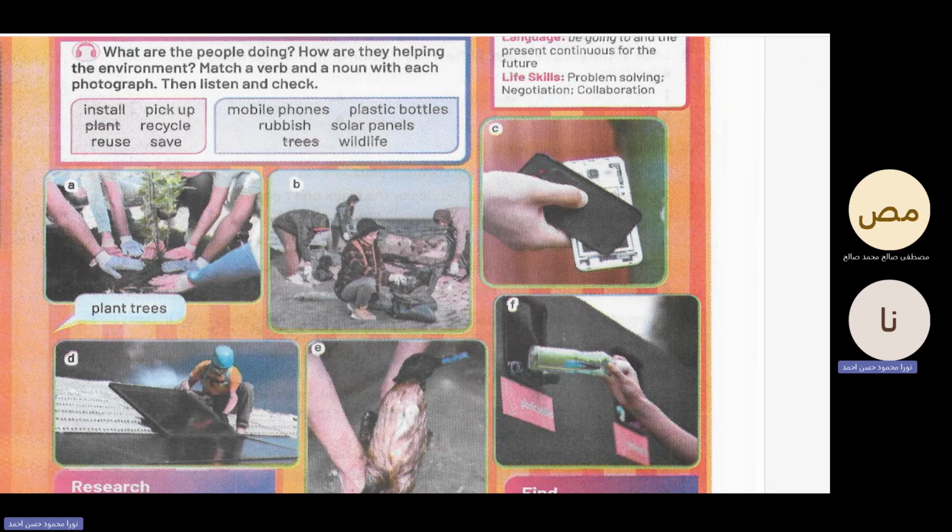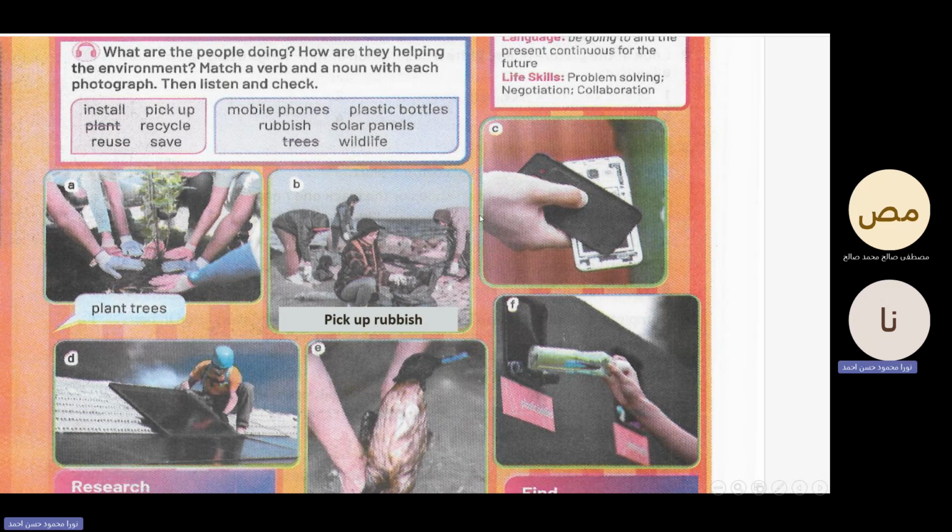Okay, so let's think about B. Yes, they pick up rubbish. So I can match the verb pick up with the noun rubbish. So that's how they're helping the environment. They are picking up rubbish and they are cleaning the beaches.